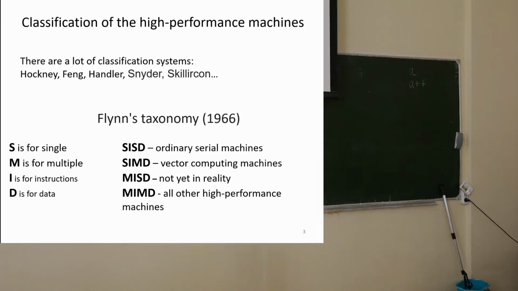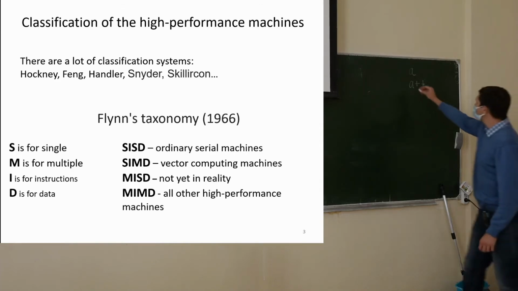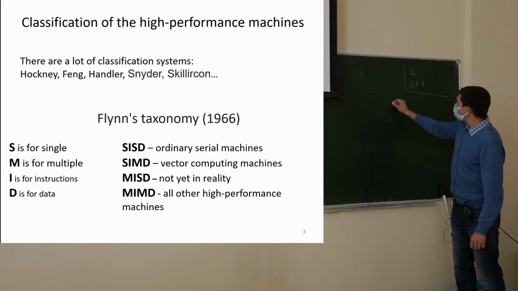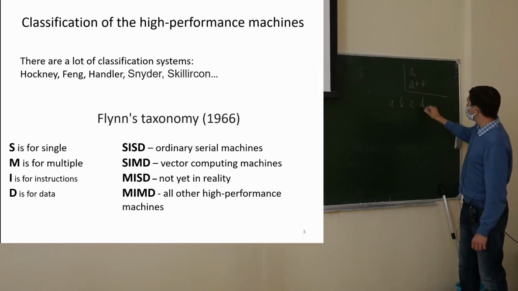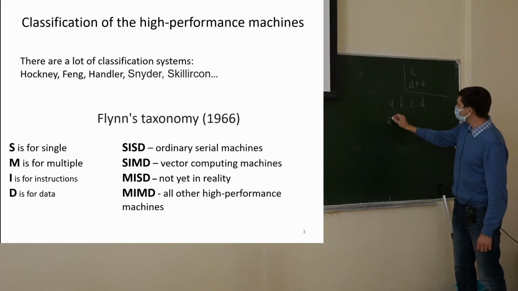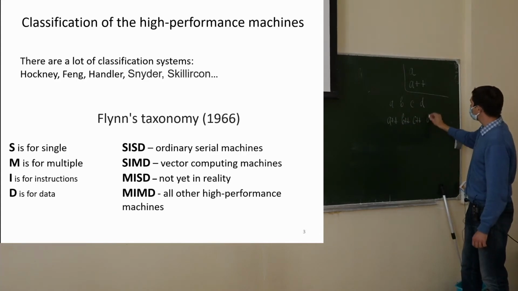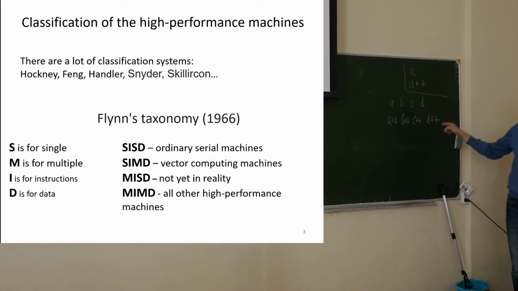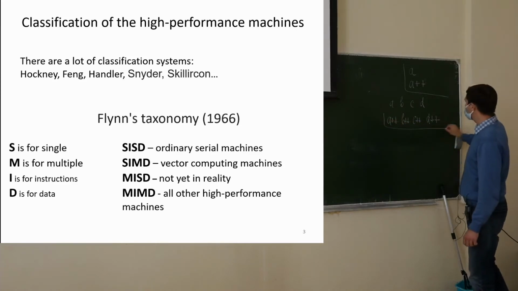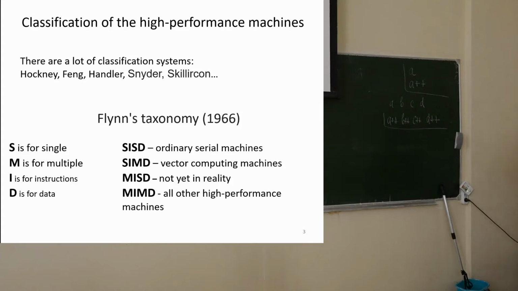SIMD means single instruction for multiple data. A lot of data, A, B, C, D, and simultaneously one instruction is applied onto all of this data. These are vector computers. They were more popular before clusters, in the 60s, 70s, and 80s, for example.